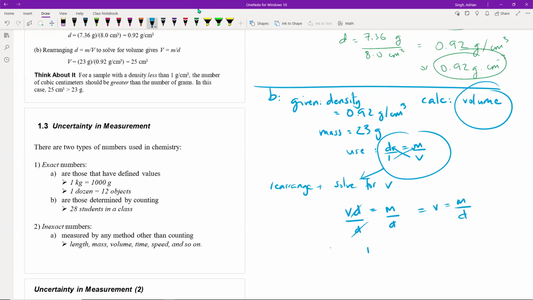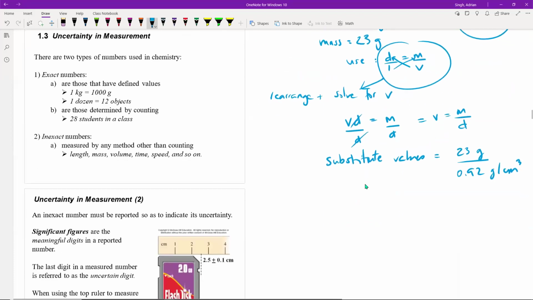Then we can go ahead and substitute our values in, the values that were given or that we calculated previously. So the mass there was 23 grams, divided by 0.92 grams per cubic centimeter. That's the same as saying 23 grams times 1 cubic centimeter over 0.92 grams.